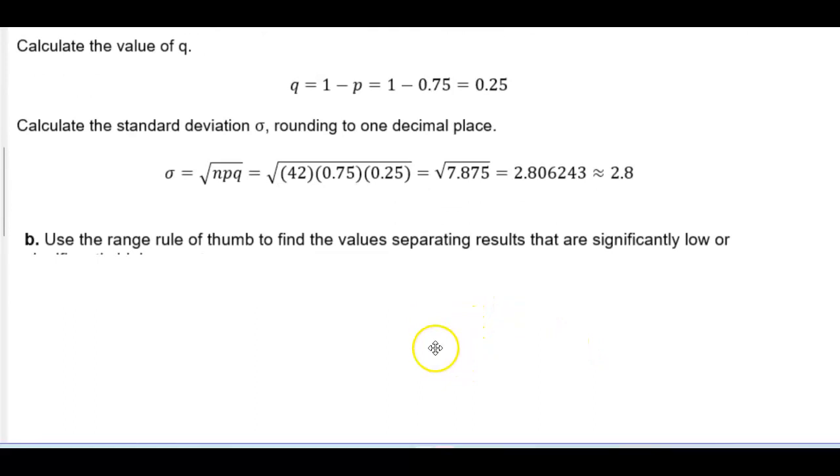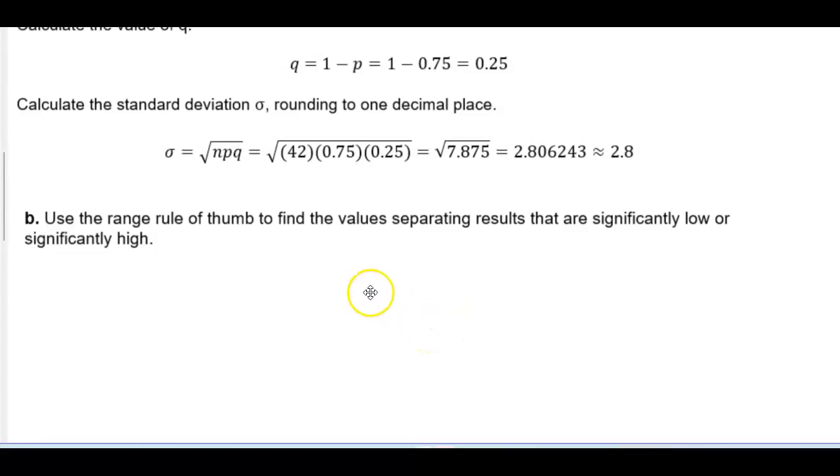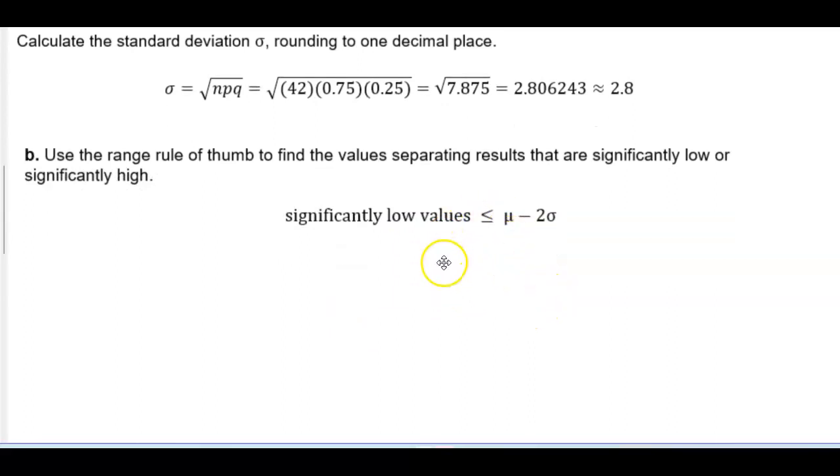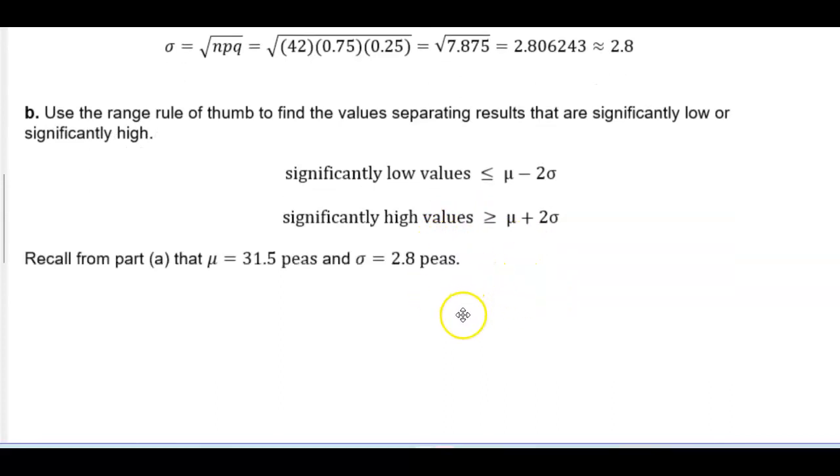Now in part B it says use the range rule of thumb to find the values separating results that are significantly low or significantly high. Now recall that significantly low values are less than or equal to the mean minus 2 times the standard deviation. Significantly high values are greater than or equal to the mean plus 2 times the standard deviation.